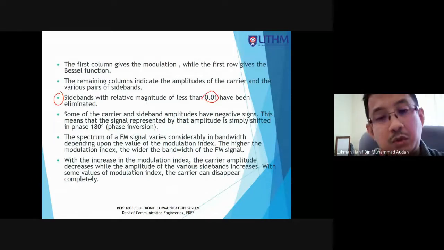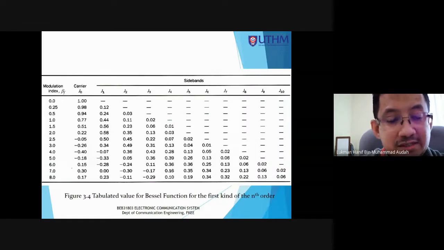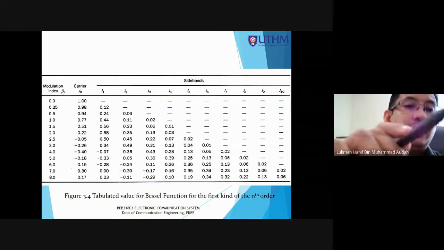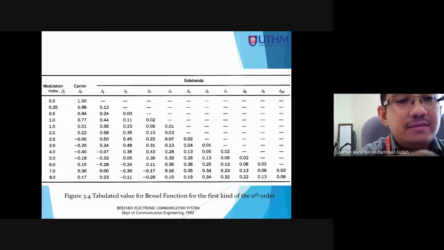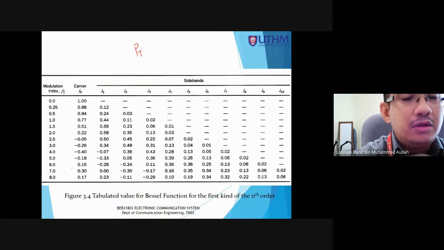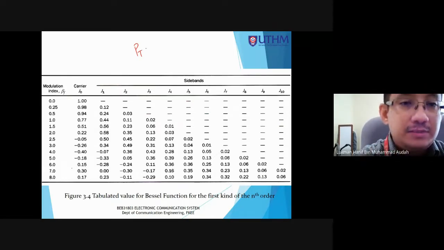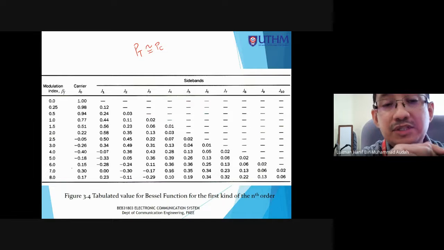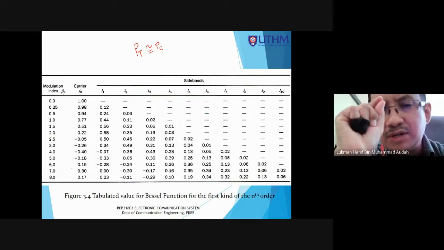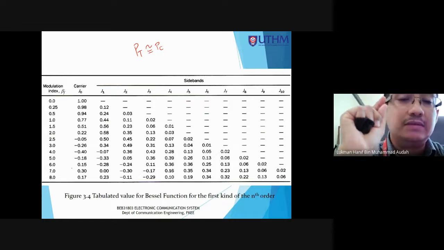So when you use this Bessel table to calculate the total power, kalau kita gunakan table ini dalam nota, kita sebenarnya akan dapat approximately equal to PC. Approximately equal to PC here means that dia cuma berbeza beberapa titik perpuluhan sahaja.